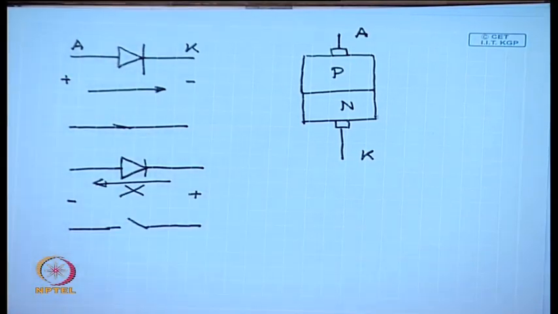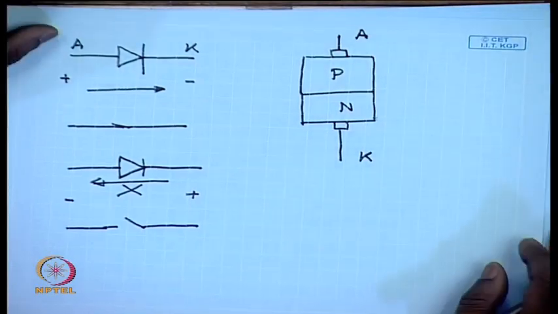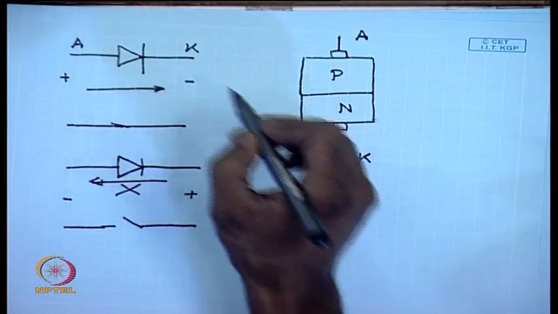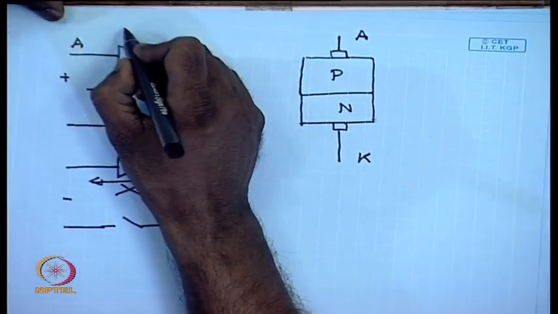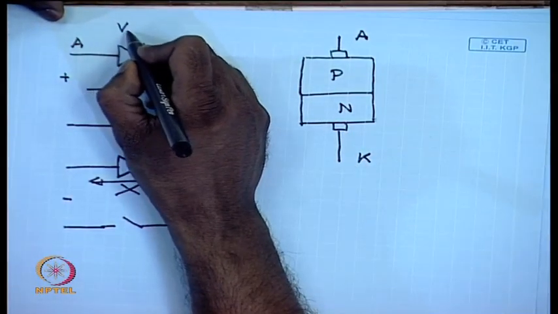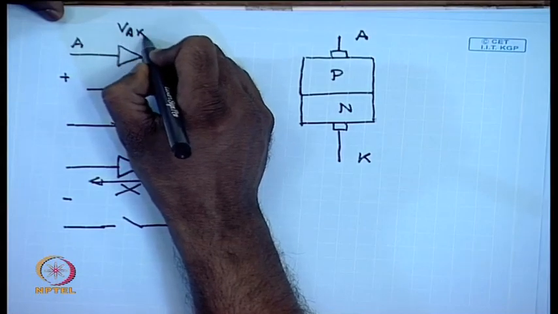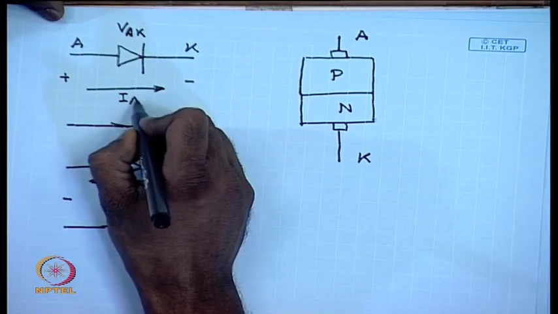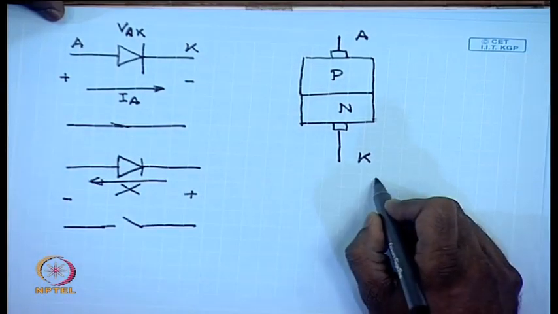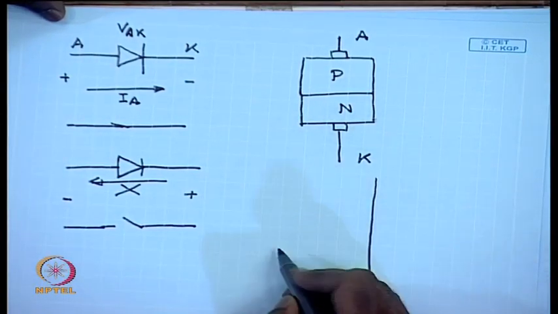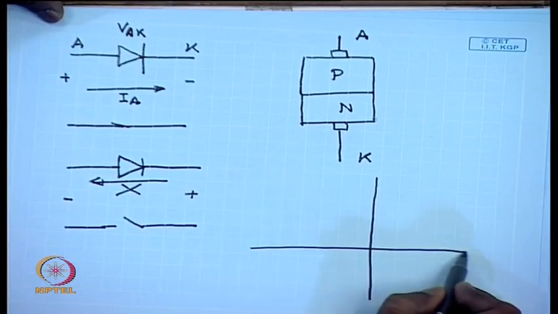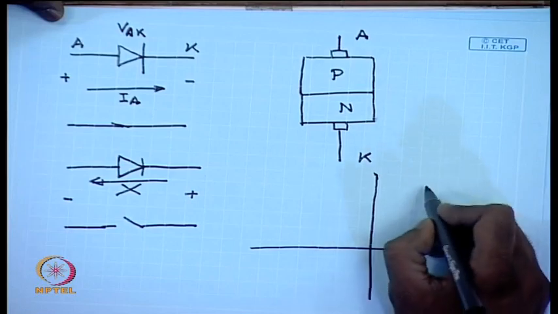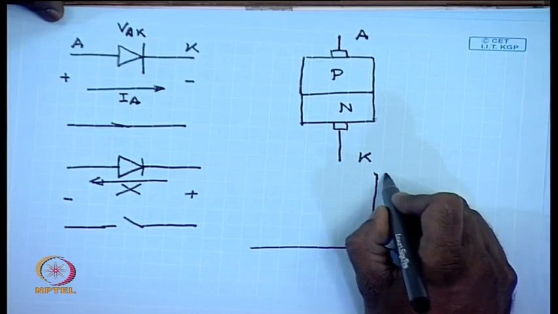Current cannot flow from cathode to anode. If you look at the practical IV characteristics of a diode, that is, if you plot voltage VAK versus the current IA, it looks somewhat like this.